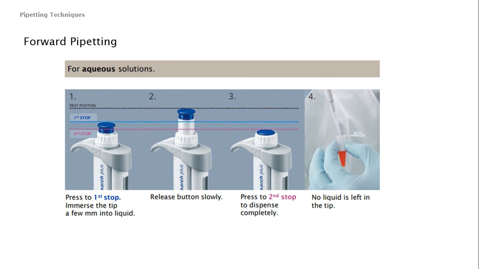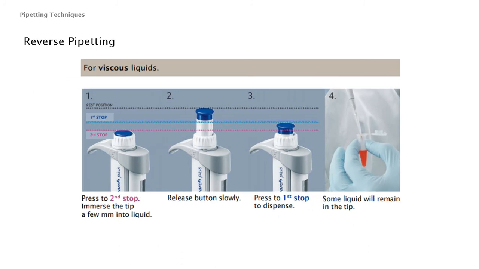In forward pipetting, you push the button to the first step, then dip the pipette tip in the liquid, then release the push button slowly. By releasing it, you will aspirate the amount of liquid that you need. Then to dispense, you need to press it until the second stop, or the full press. So that is forward pipetting.